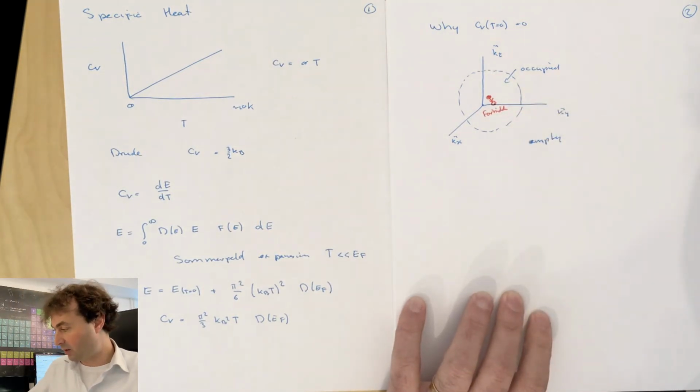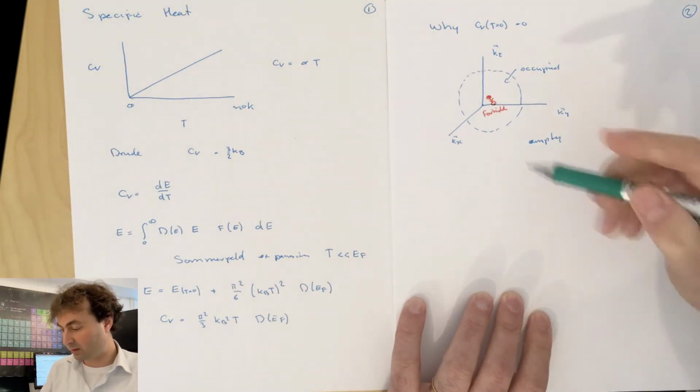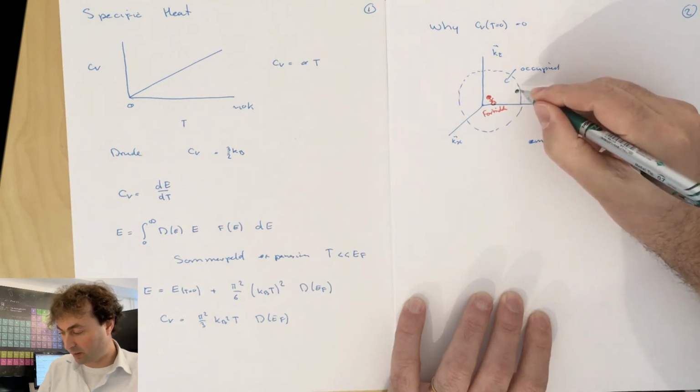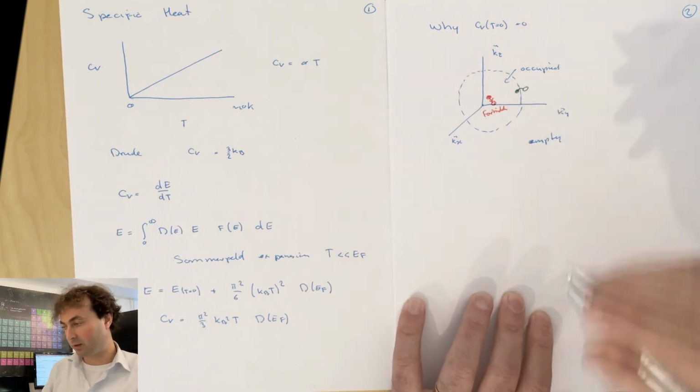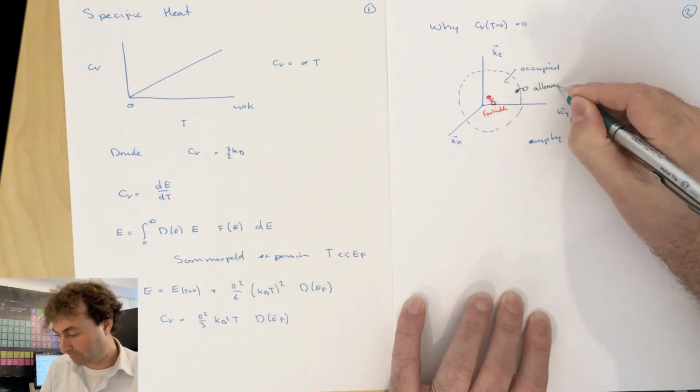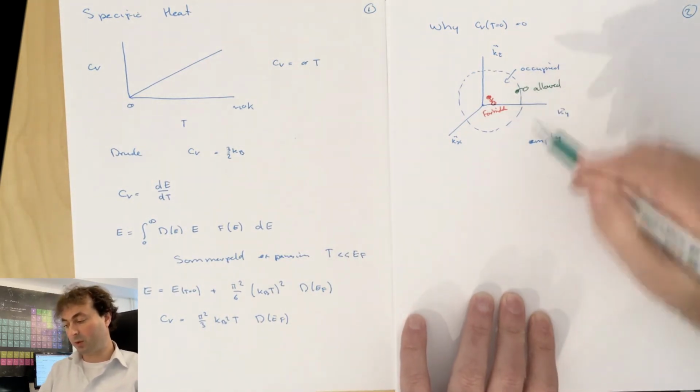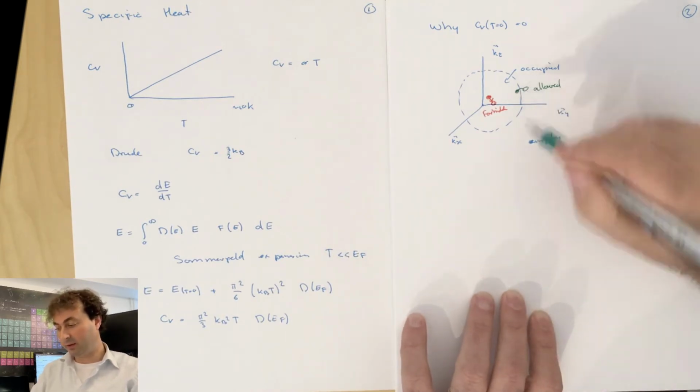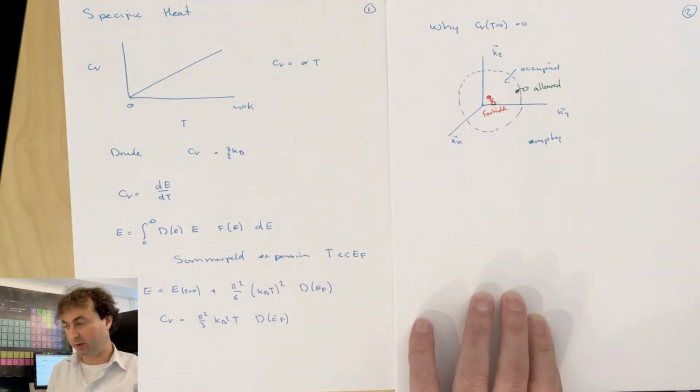The only excitations that are allowed are excitations where an electron from inside the Fermi surface scatters to something outside the Fermi surface. That of course costs you an energy that is related to the change in the length of the wave vector.